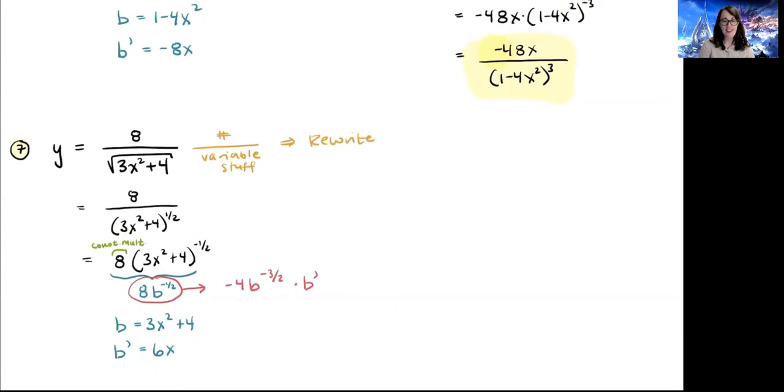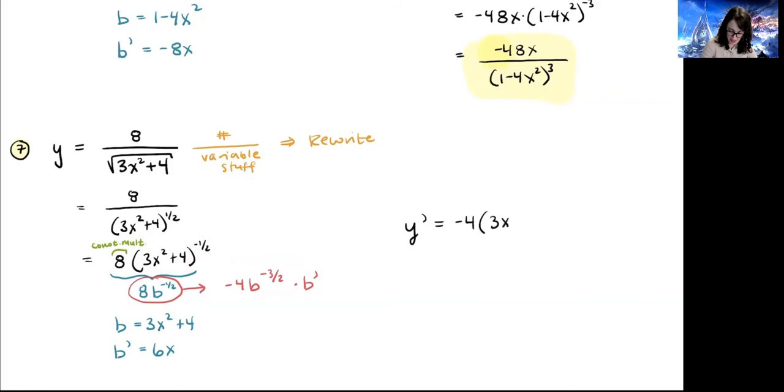All right, now we're all set to take the derivative of the entire function here. Again, looking at it in this form. So y prime is going to be, either look at this and plug things into your formula, or if you don't like that, just try to train your eye to see, okay, the negative 1/2 is going to come down and multiply by the 8. That's negative 4.